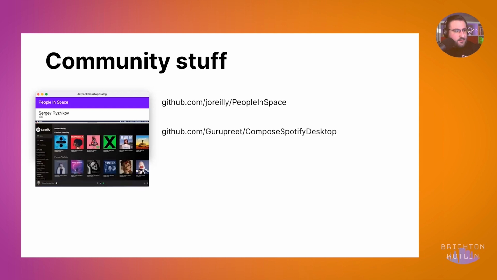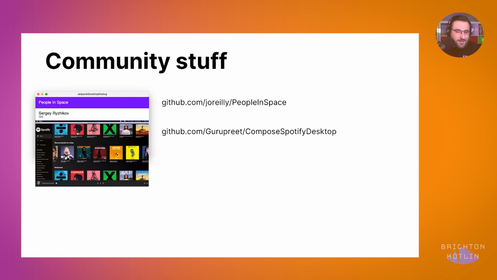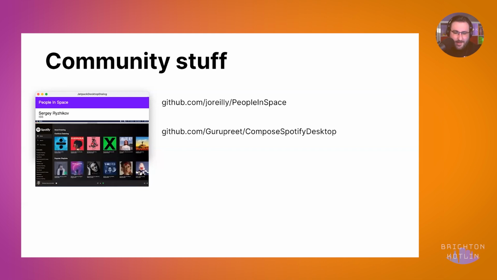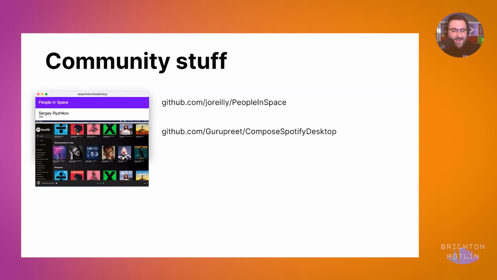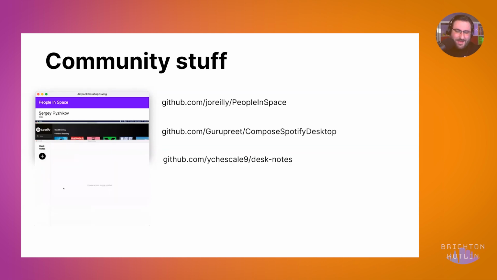One thing that completely took me aback was Gurupreet's Compose Spotify desktop application, where he just re-implemented the whole Spotify user interface using Compose for Desktop. And I'm willing to bet that it has better performance than the current client, because I'm not very happy with that. There's also people demonstrating, for example, how they are designing their new note-taking apps using Compose for Desktop, again with fancy little animations, fade in, fade out, movement, all these kinds of things.